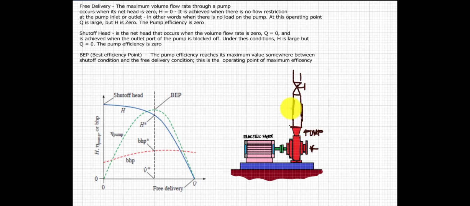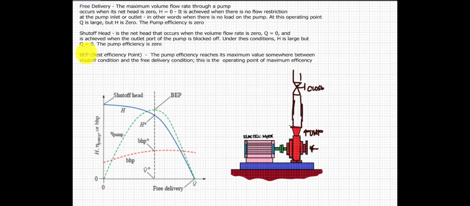We have your gate valve here, and this is closed. So it means there is no fluid going out to the system. It is completely closed. You will notice that under this condition, the head is large, but the Q is zero. The pump efficiency is also zero.